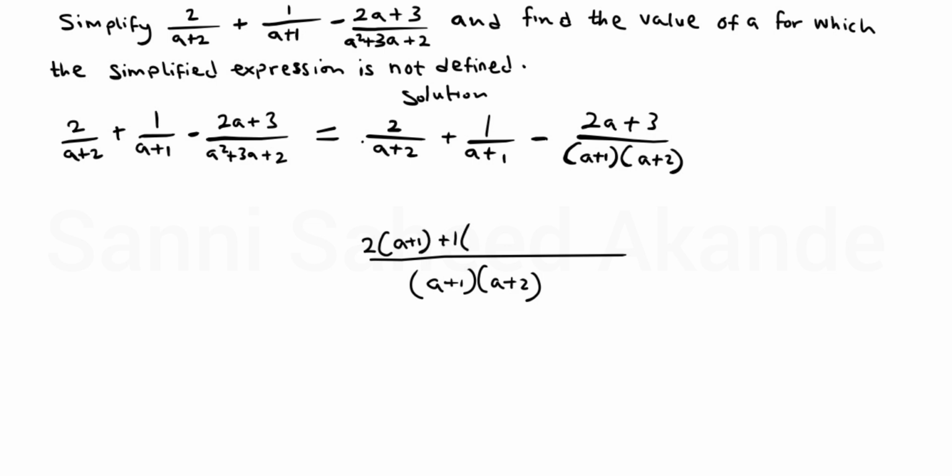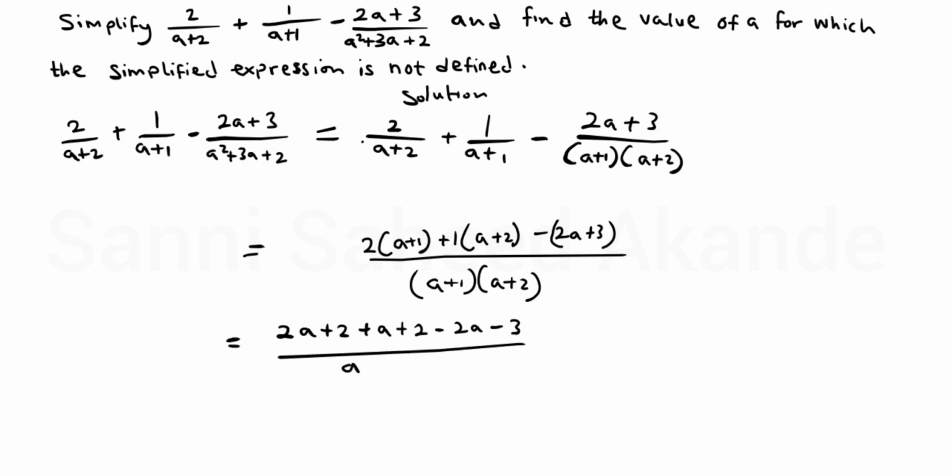Then minus the numerator 2a plus 3, times 1, since the denominator cancels out. Understood? So when you solve this further, you have 2a plus 2 plus a plus 2 minus 2a minus 3, everything divided by a plus 1 times a plus 2.